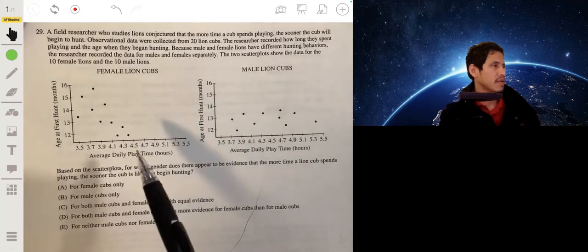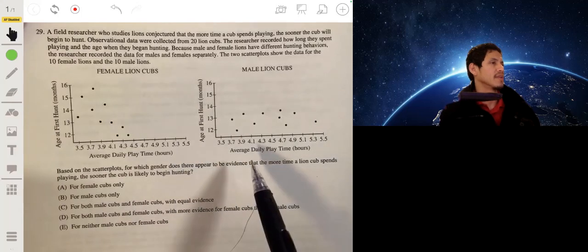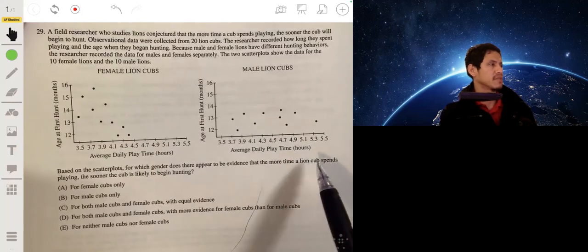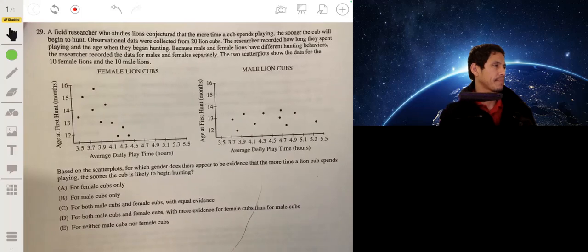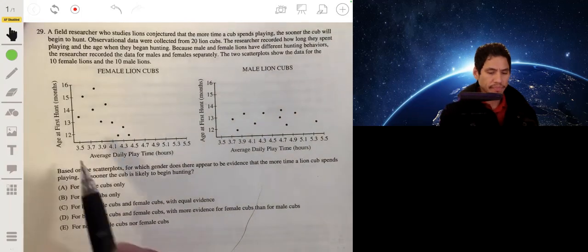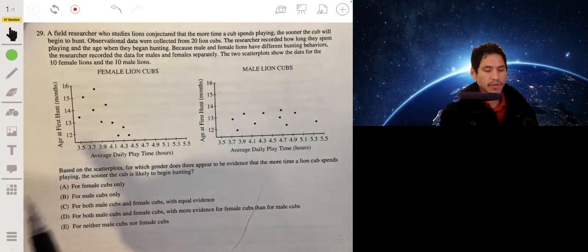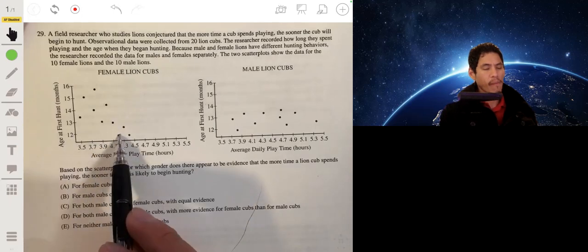Based on these scatter plots, for which gender does there appear to be evidence that the more time a lion cub spends playing, the sooner it begins hunting? So playtime, age of first hunt. Remember, we want the age of first hunt to be low.